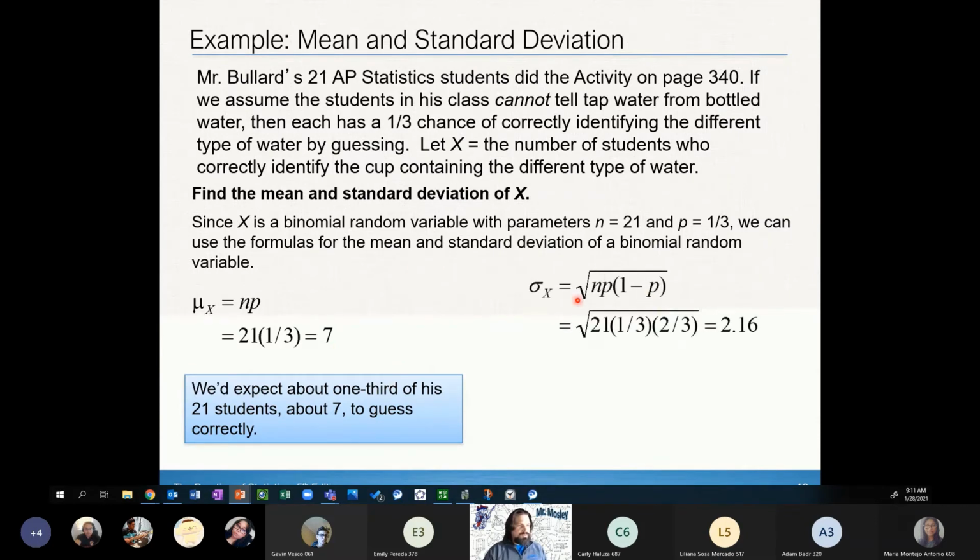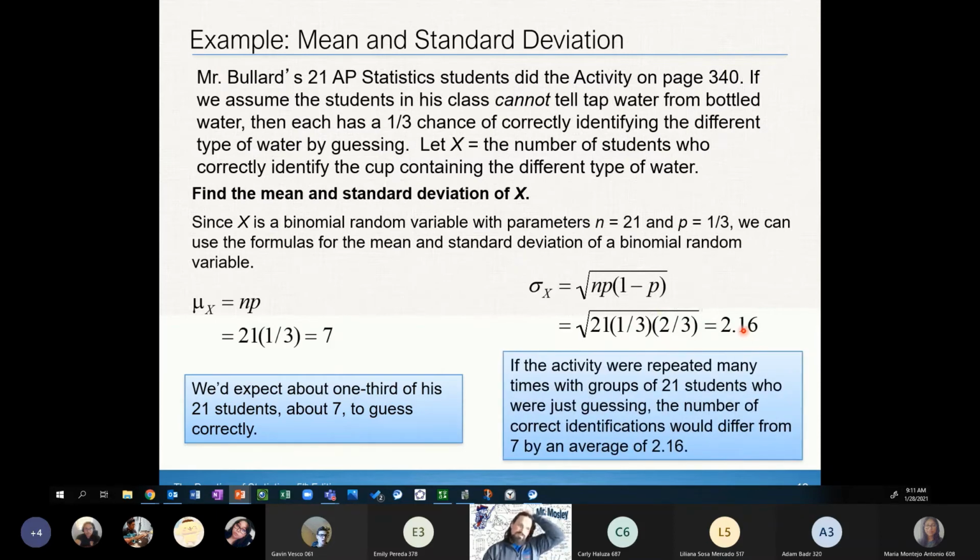Standard deviation: we have the square root of n times p times 1 minus p. That gives us the square root of 21 times 1/3 times 2/3, and that's 2.16. So if the activity were repeated many times with groups of 21 students who are just guessing, the number of correct identifications would differ from 7 by an average of 2.16.